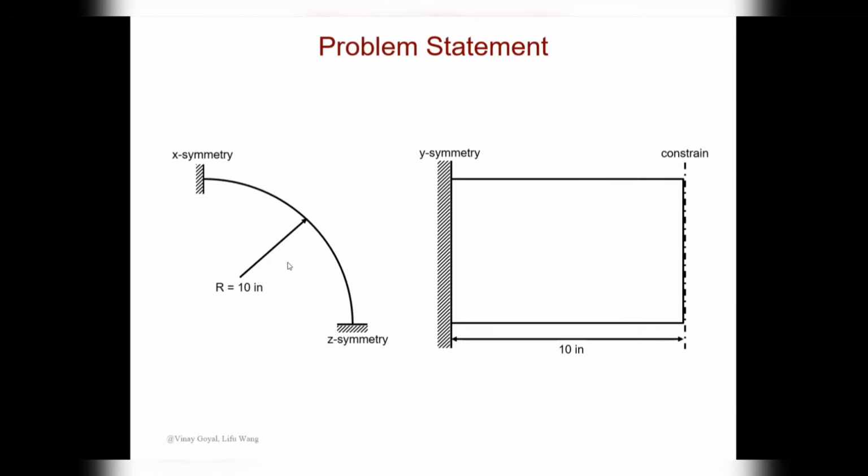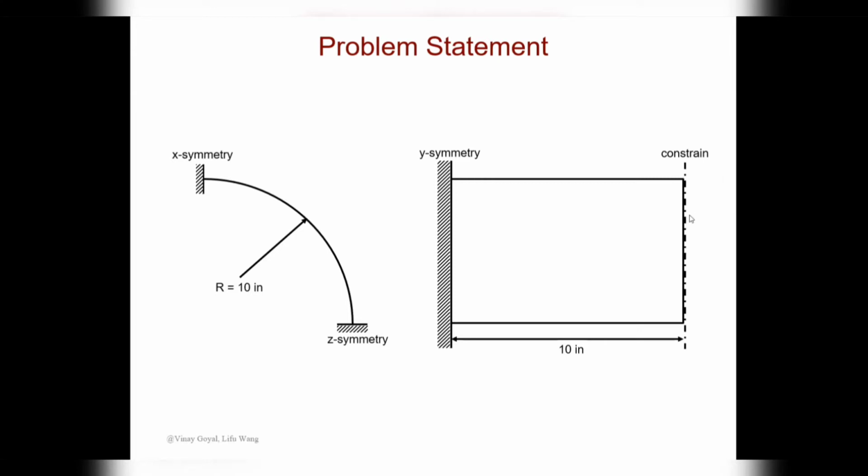So this is a structure we are going to analyze here. First, we have a quarter of the pressure vessel, and that's why we need to have X symmetry and Z symmetry here. And then we need to have Y symmetry on the left hand side, and on the right hand side we need to have a constraint since we want the pressure vessel to have an elongation in Y direction, but we don't want it to have other non-symmetric degrees of freedom.